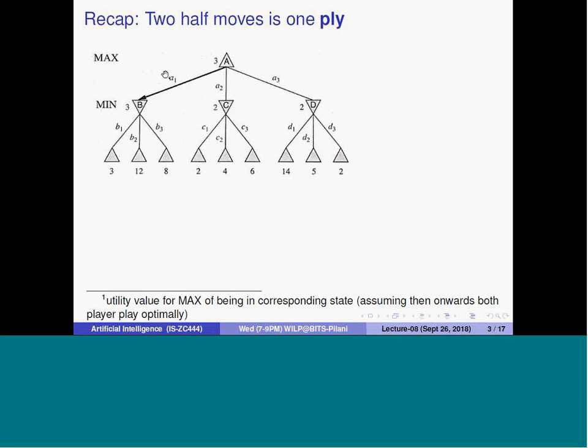That's why I am saying that out of these options, you would not just see which is the most beneficial to me; you would see what the opponent is going to do after this particular action. So in the case of B, let's assume the opponent has three choices, and he can take me to positions where I get utilities of 3, 12, and 8. Definitely he would choose this particular path, B1, because it would put me in a position where I can only advance to 3.